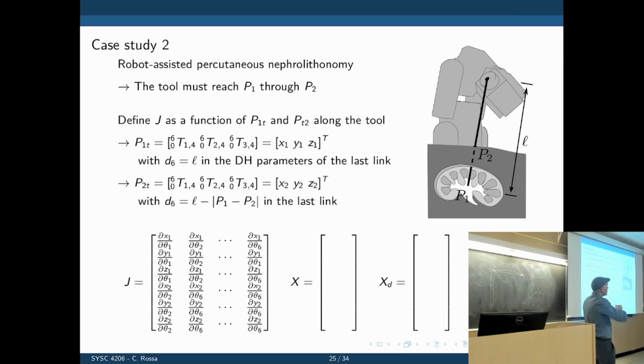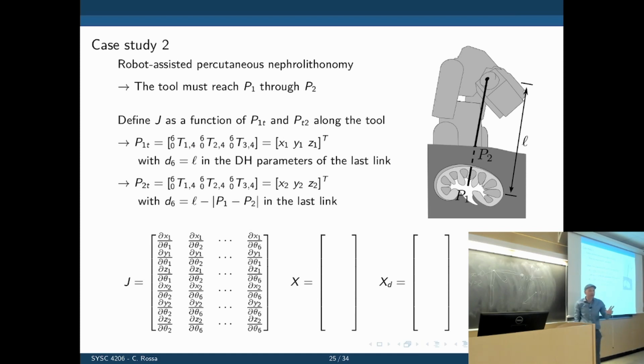So I can calculate the tool tip by simply plugging in L, and I can calculate the corresponding point P2 on the tool by doing L minus the distance P1 minus P2. So now I know where the tooltip is, and I know where that point is on the tool.